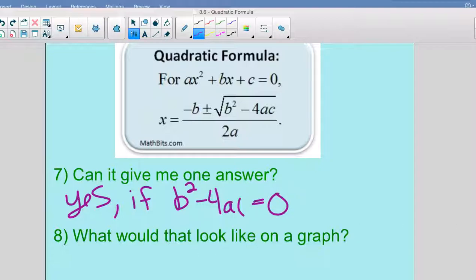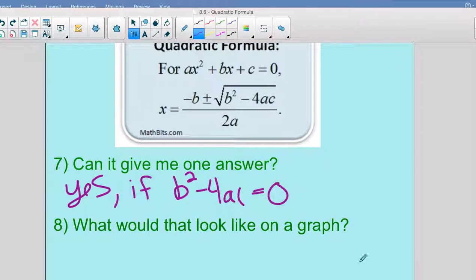And then what would that look like on a graph? So how could you draw a parabola that only has one x-intercept? And if you think about it, you could have it, and I think we've talked about this before, where it could be a parabola that opens down and the vertex is on the x-axis, which would look something like that.